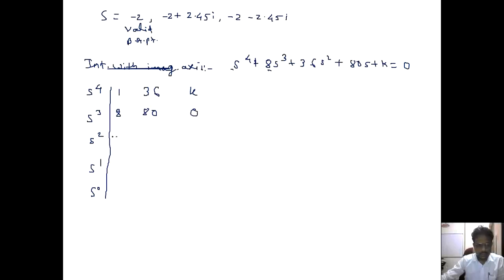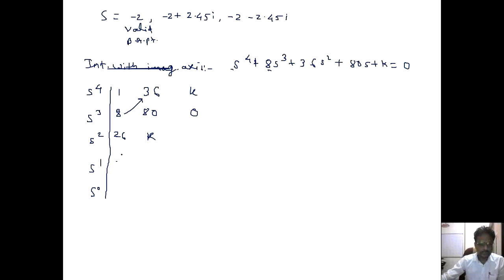Now this part, 8 into 36 minus 1 into 80 divided by 8, we will get 26. I have already calculated this. Try it or check it on a calculator. Then 8 into k minus 1 into 0 divided by 8. So 8k by 8 gets cancelled, so simply k remains.